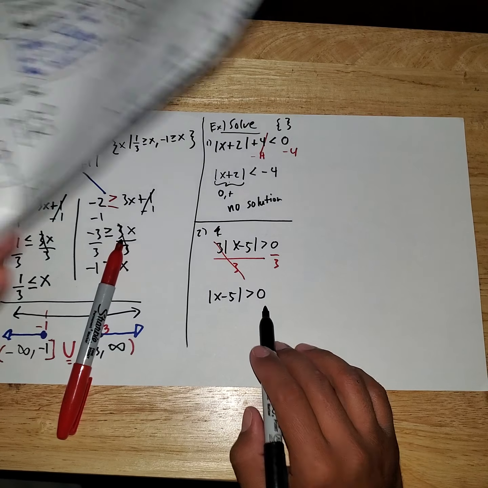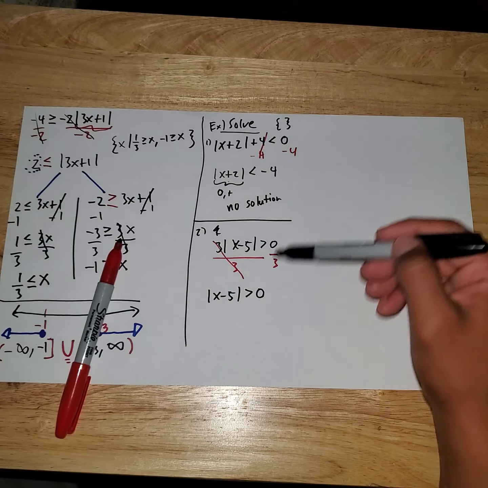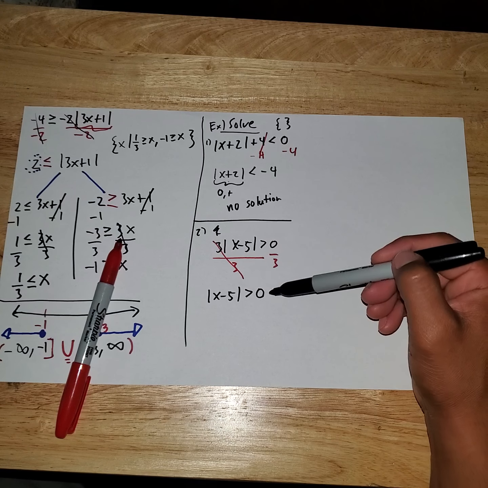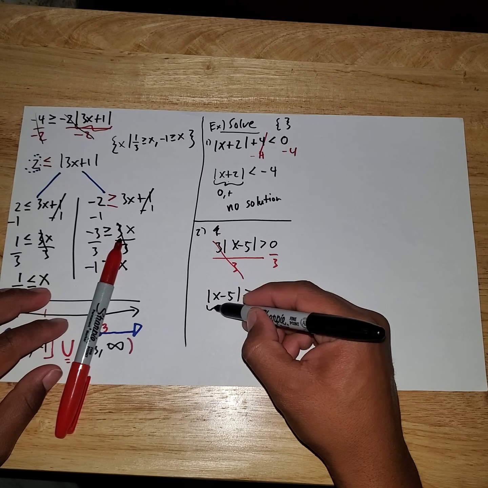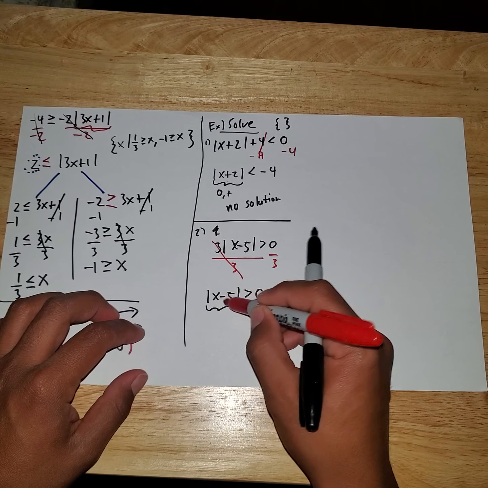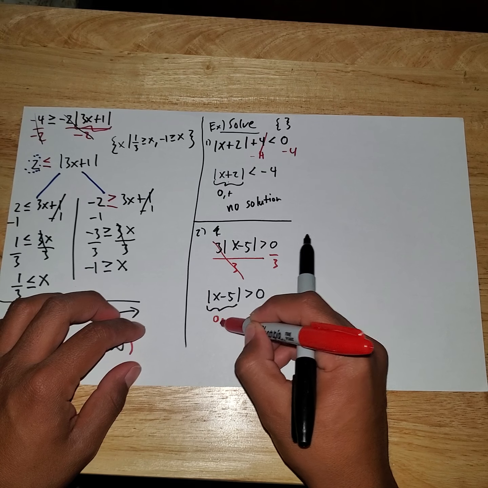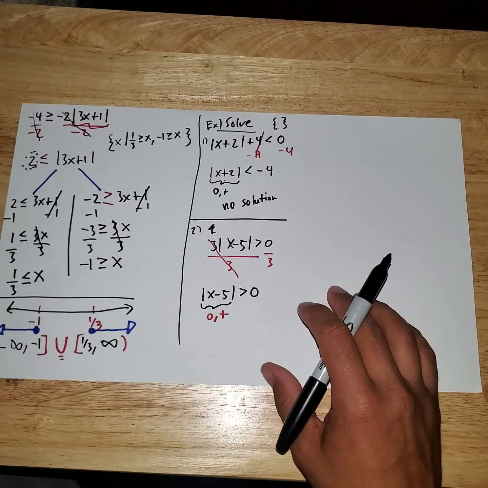Again, like I said, you want to stop whenever you see a 0 or a negative. After you're done isolating, you want to stop and think about this. Remember, the only thing that can come out of absolute value, regardless of the -5 here, is 0 or a positive number.